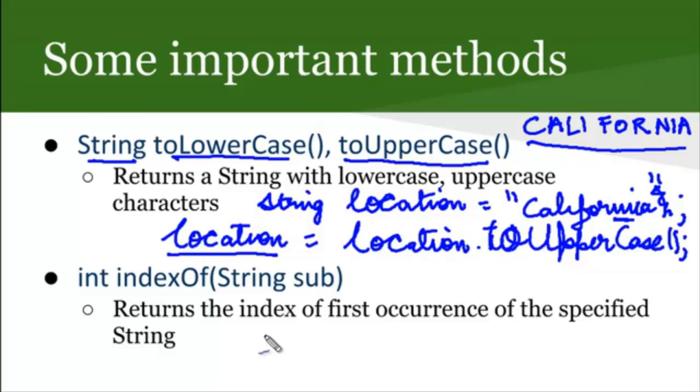Now sometimes I want to search something within a string and I want to know where exactly the characters which I'm looking for appear in the string. So suppose the string is who is John Galt.